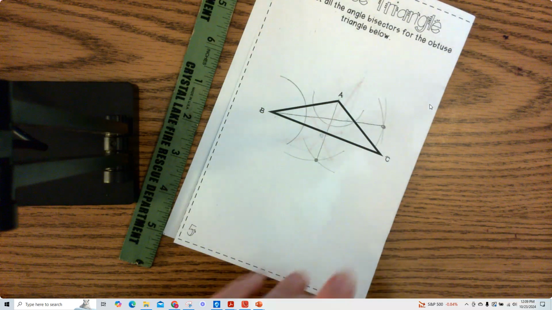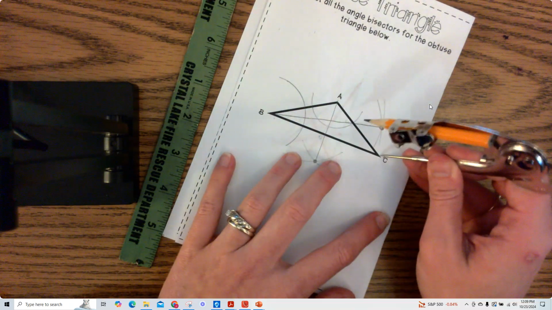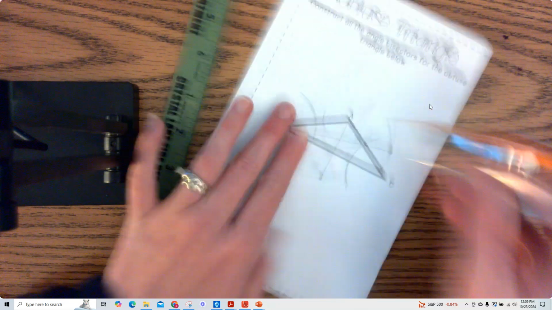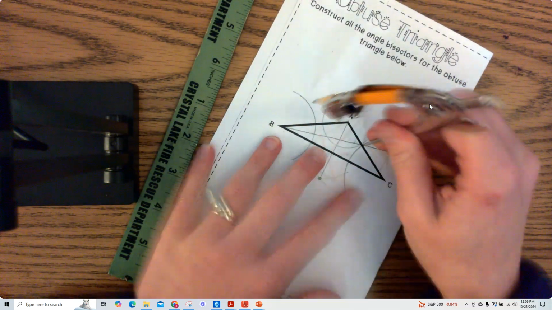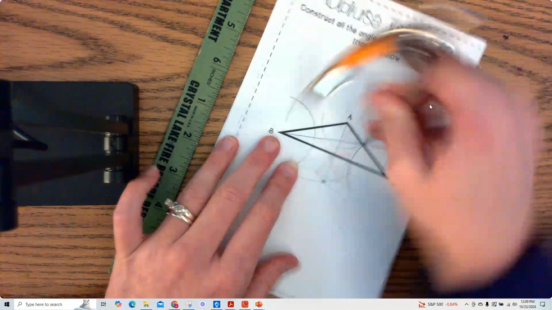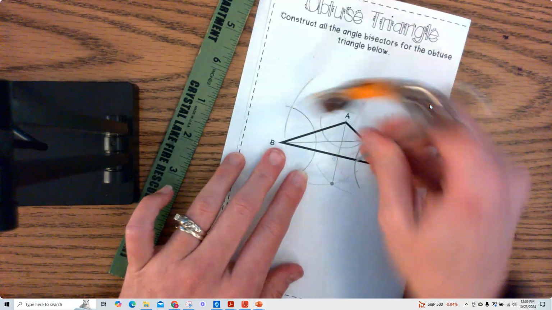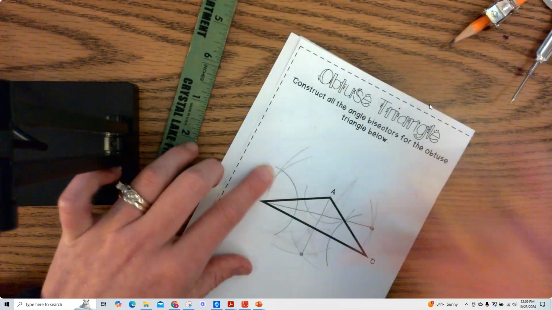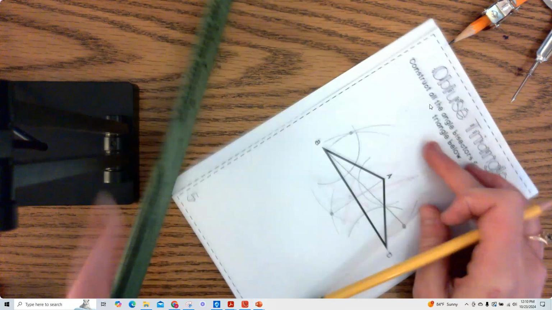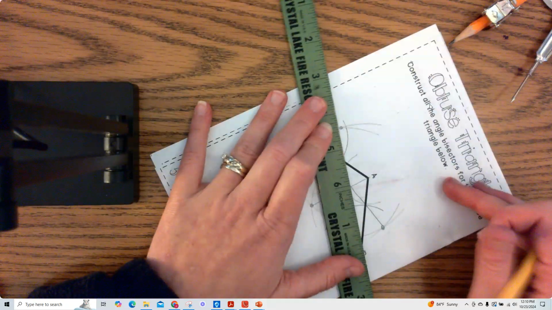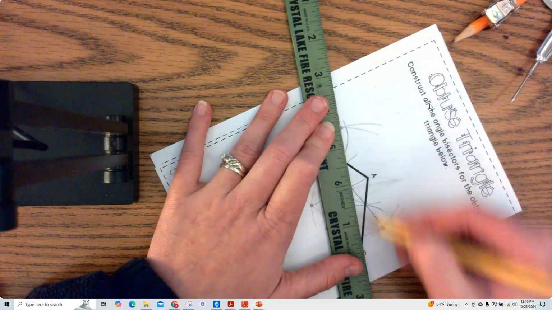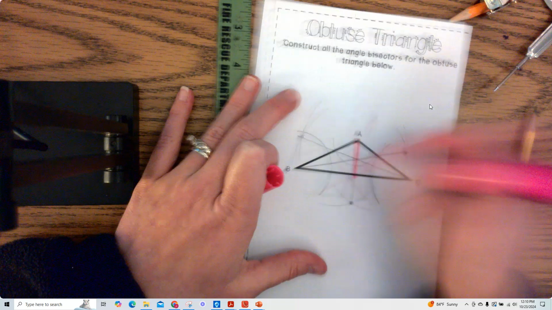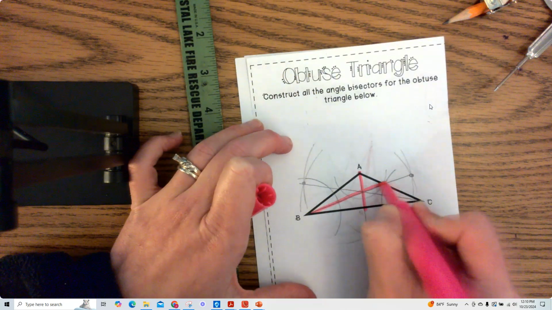I got one more left. And then again, the important pieces are just the ones that are inside.